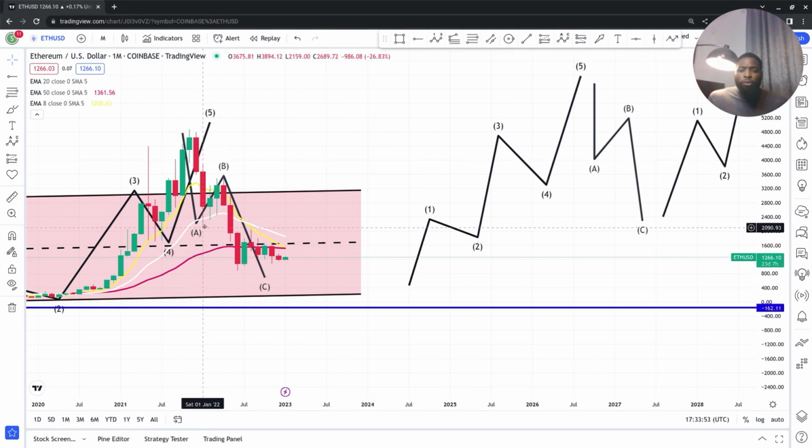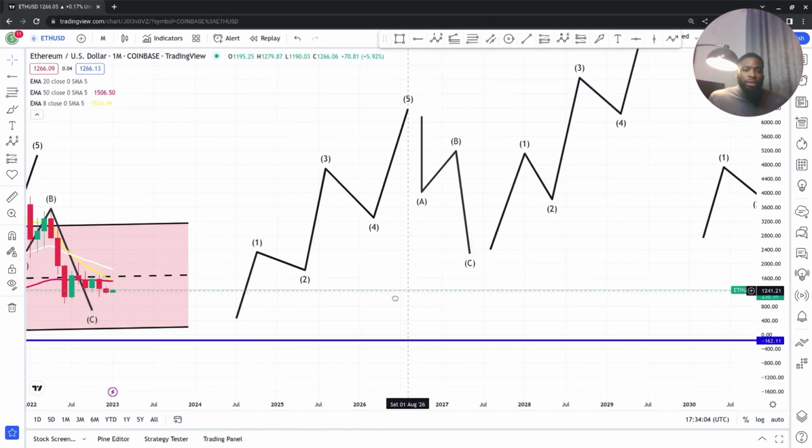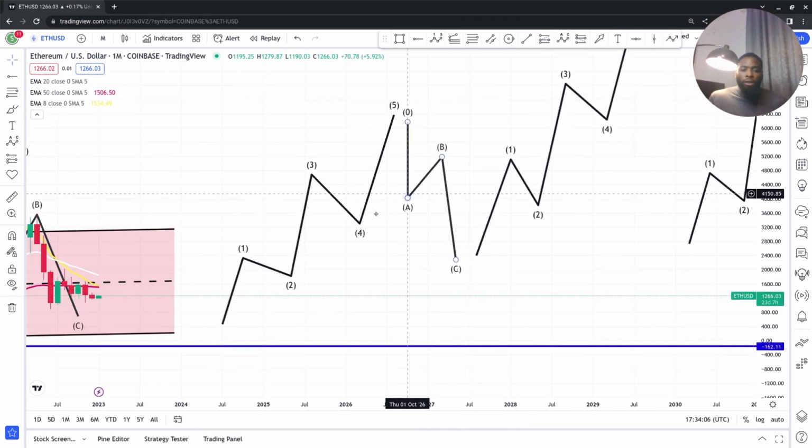The B wave is always a 3-wave pattern, and the C wave is always a 5-wave pattern. Our center of focus is on this C wave, which will be a 5-wave pattern, and at the end of it, what to expect next is a continuation of the uptrend.